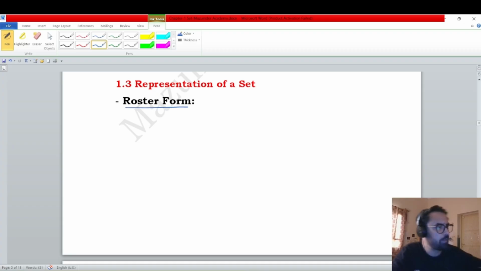is something where you write the elements directly within brackets.